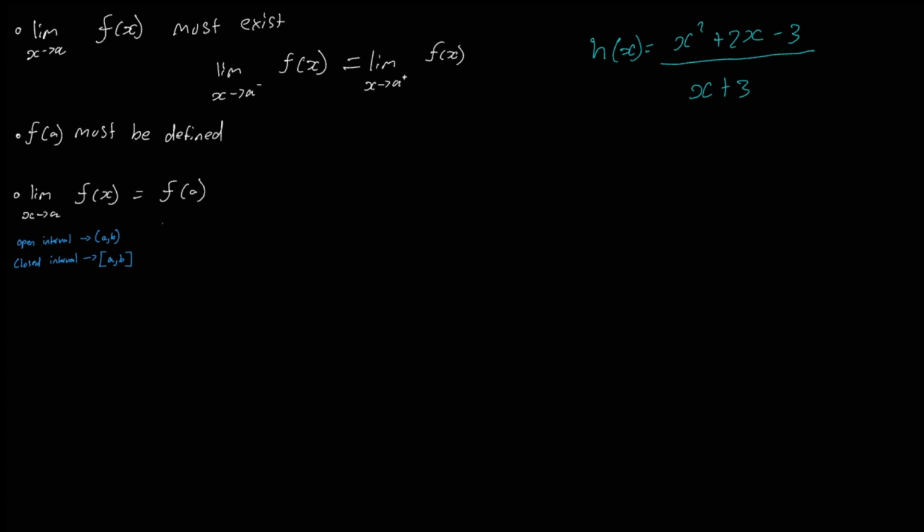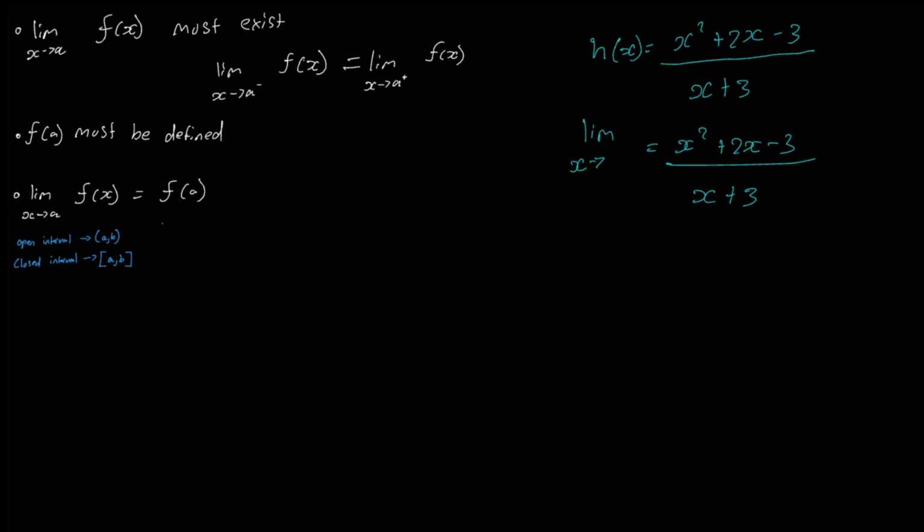If we wrote this as a limit, limit as x approaches 0 of x squared plus 2x minus 3 over x plus 3. Let's not write 0 here, because we're going to assume a value.